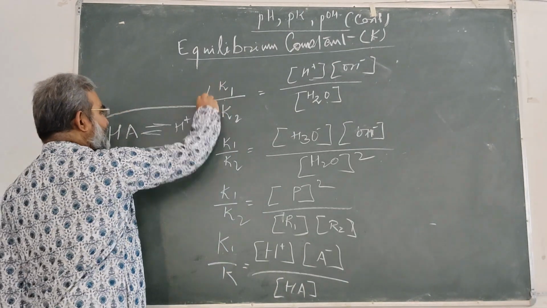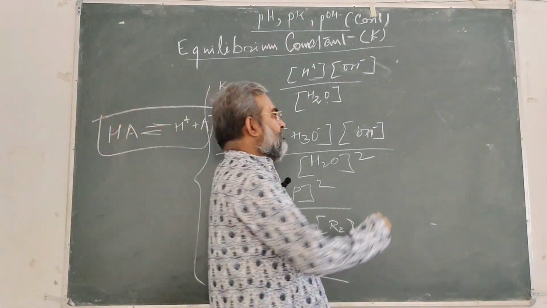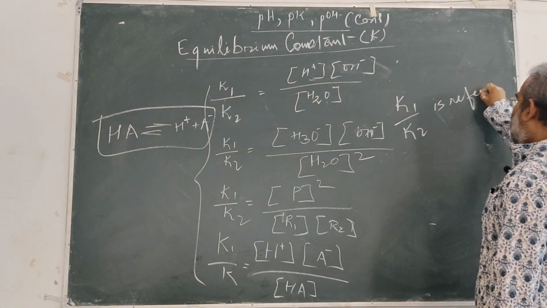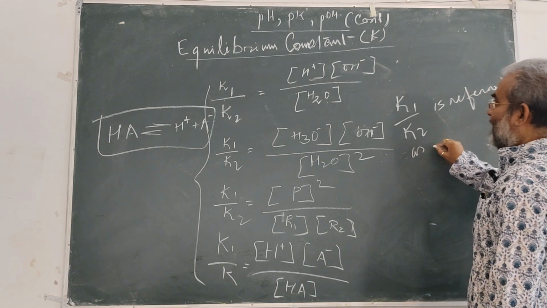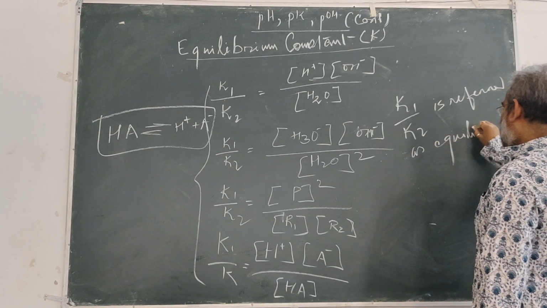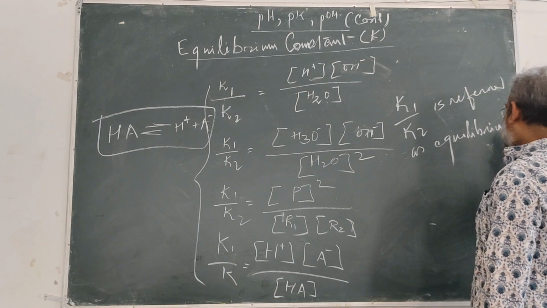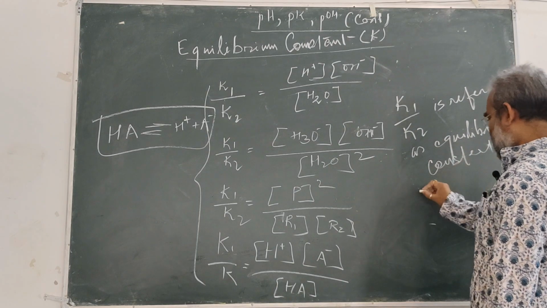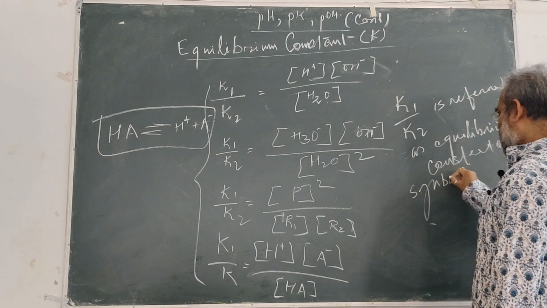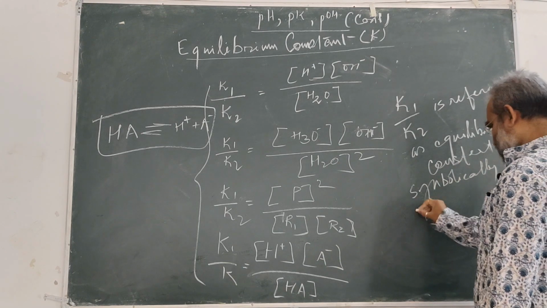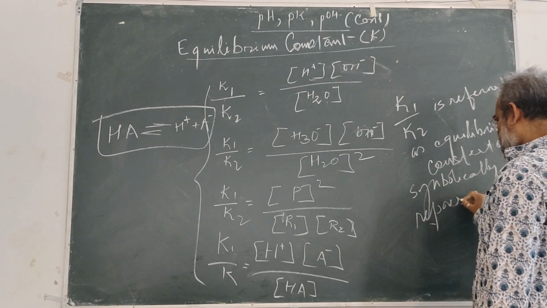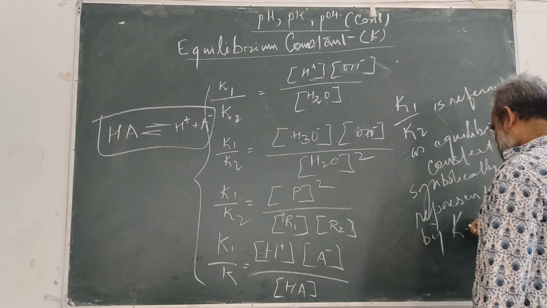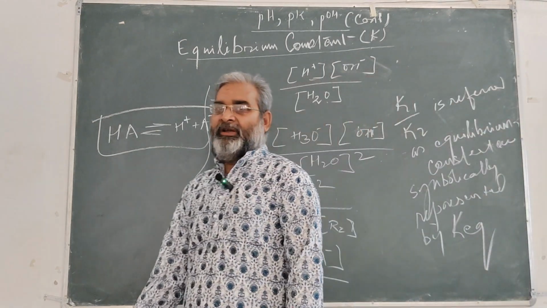In any condition, all are same. In any condition, the K1 by K2 is referred to as equilibrium constant, represented symbolically by K equilibrium.